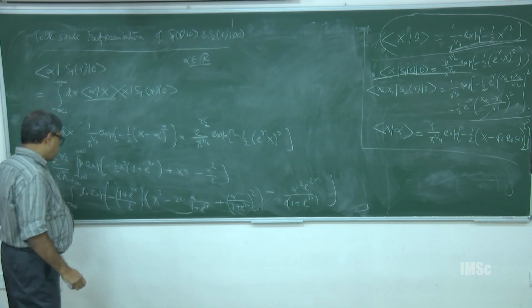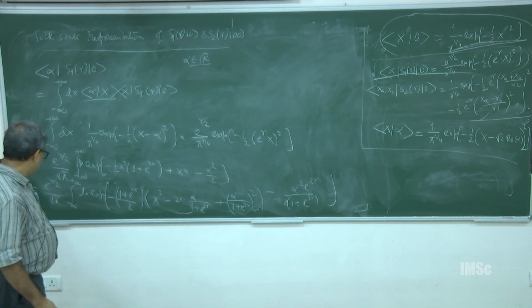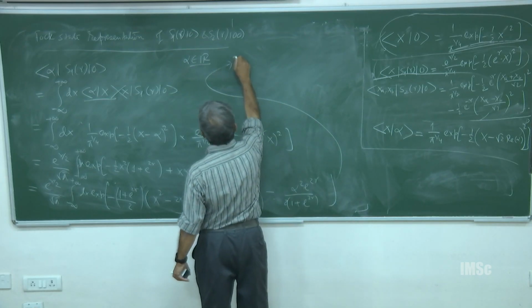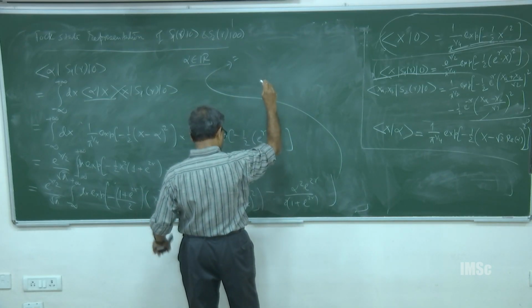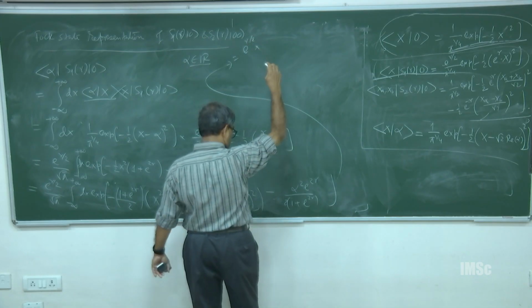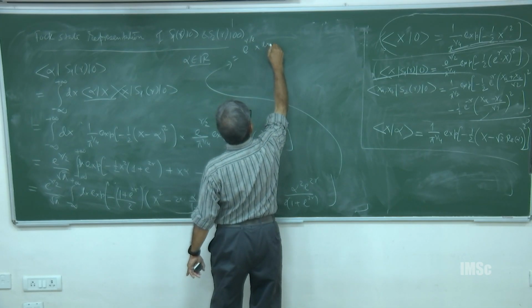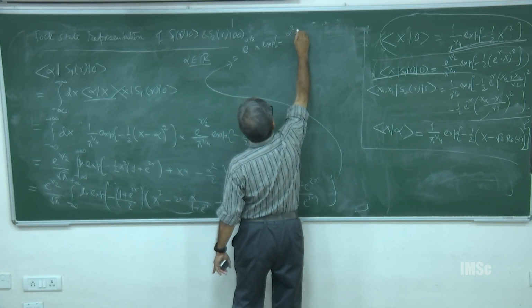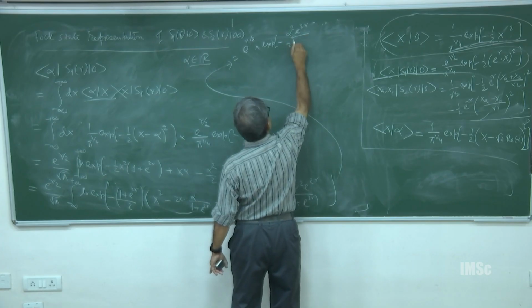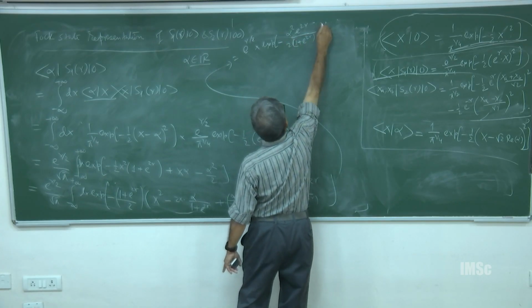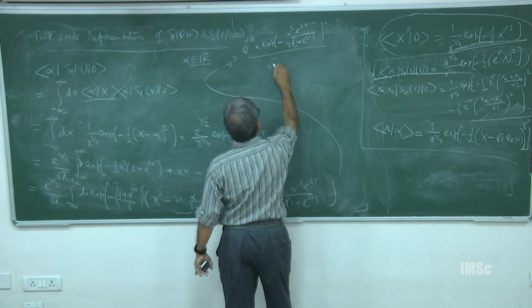Okay. So, therefore, what you will have is, let me write down here, this is equal to e to the power r by 2 into exponential of minus alpha square e to the power twice r by 2 into 1 plus e to the power twice r divided by square root of 5.